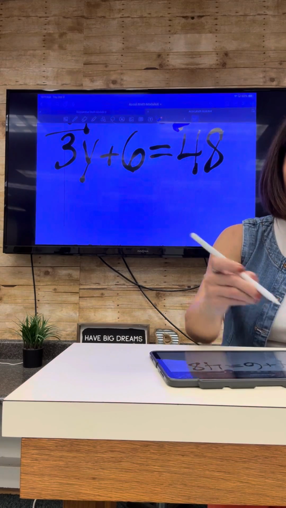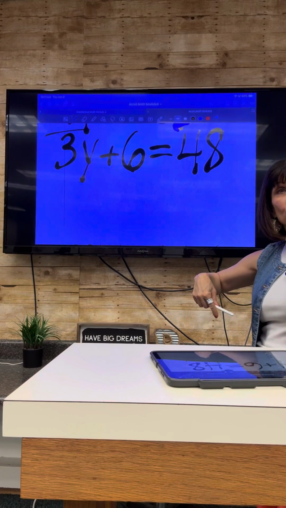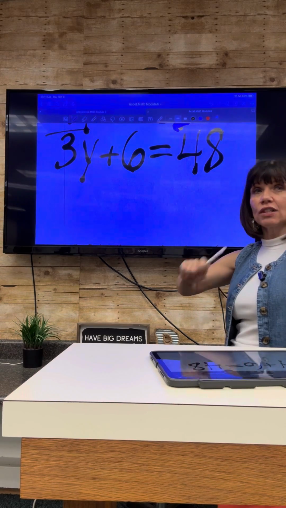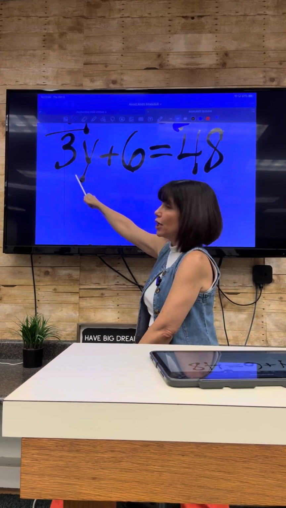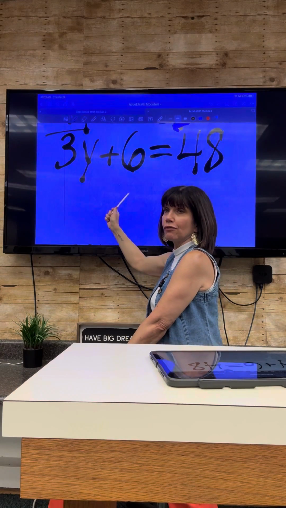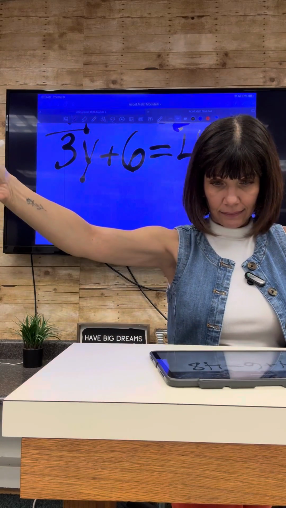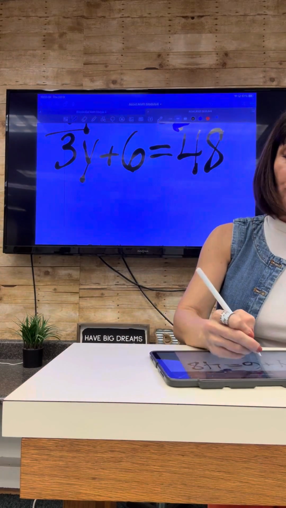Thank you. Great job. Please circle the constant that you are going to undo. This is your next step. Undo the constant first. Class, are you ever allowed to undo the variable first? No. You must undo the constant first. Since it was plus 6, it will now be minus 6.